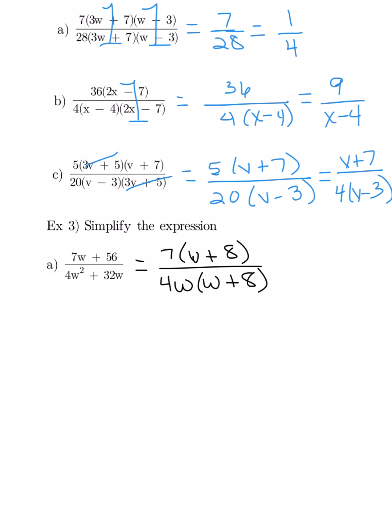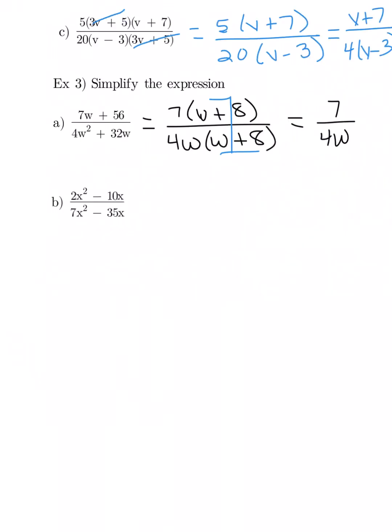Well, now I have quantity w plus 8 over itself. That equals 1. So I can simplify and take that out. And what's left is 7 over 4w. Check to see, is there anything that I can take out that goes into both 4 and 7? There is not. So this is your final answer on this expression.